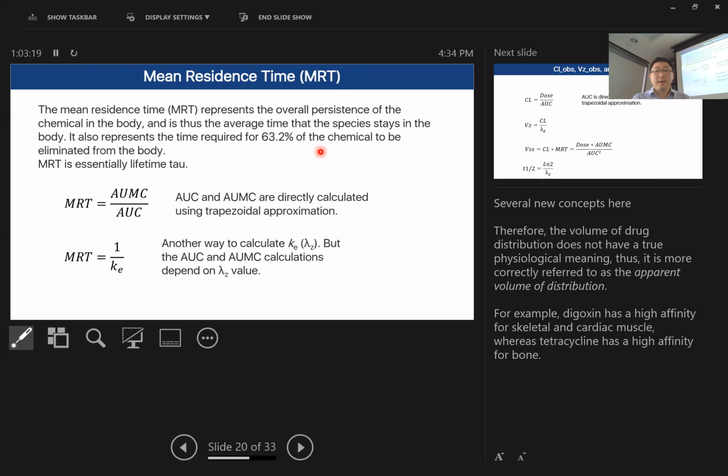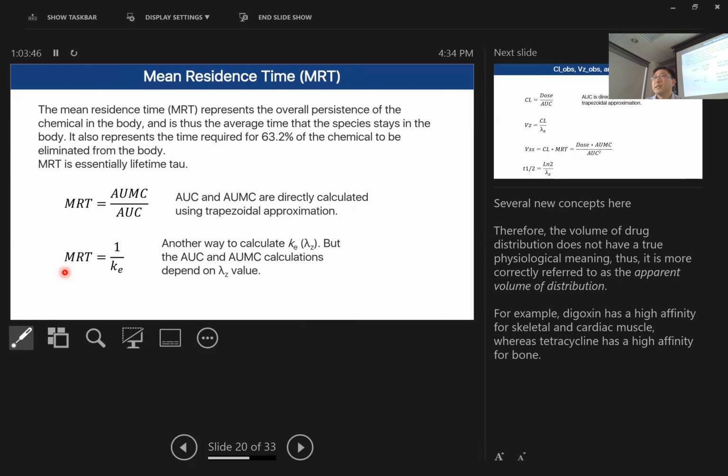Lifetime essentially is 1 over the rate constant, 1 over Ke or 1 over lambda z, right? So that's the lifetime. Not like log 2 over Ke, just 1 over Ke, and you get the lifetime. And that's essentially the so-called mean residence time.